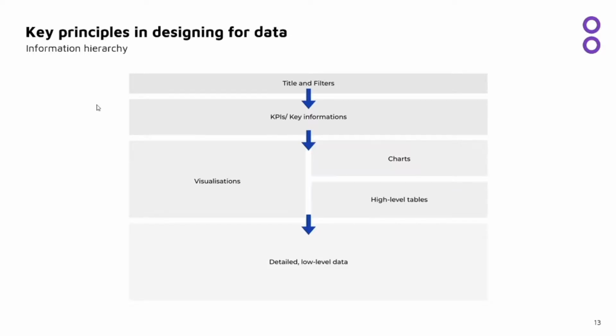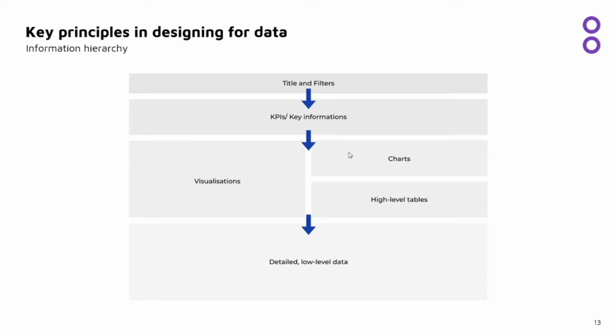Also, remember about your information hierarchy. So, of course, let the people decide what they want to see on the screen, but remember that information needs to have a certain order. It's good to have the title on top. It's good to have filters on top, especially if they influence what is displayed down below.